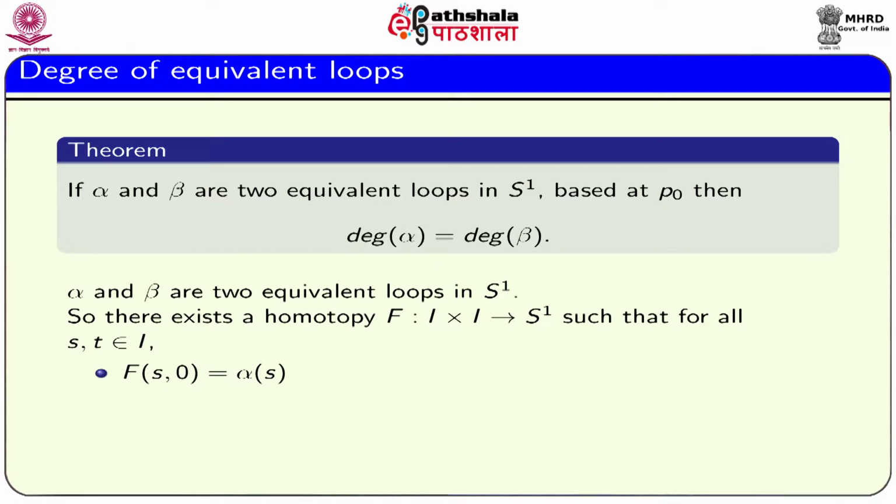Given that alpha and beta are two equivalent loops in S1, there exists a homotopy capital F from I cross I to S1, where I means the closed interval 0, 1, such that F(s, 0) is alpha s, F(s, 1) is beta s, and F(0, t) and F(1, t) for all values of t are equal to P0.